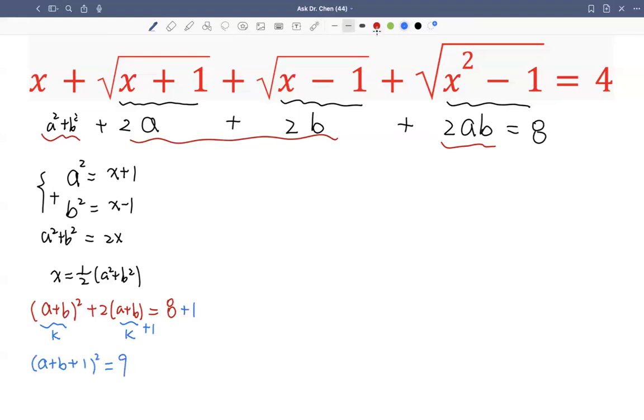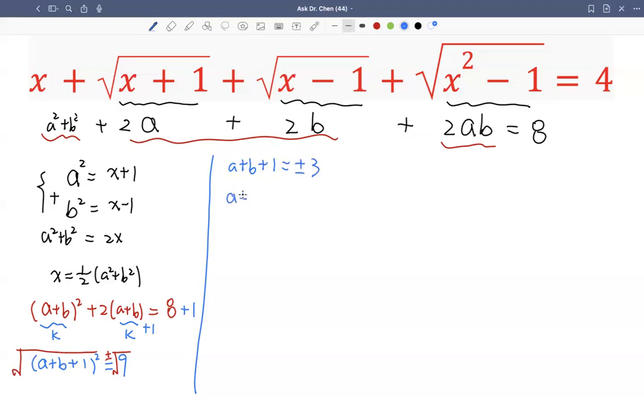Well, let's square root both sides. We get positive or negative, 2 values. So a plus b plus 1 equals positive 3 or negative 3.